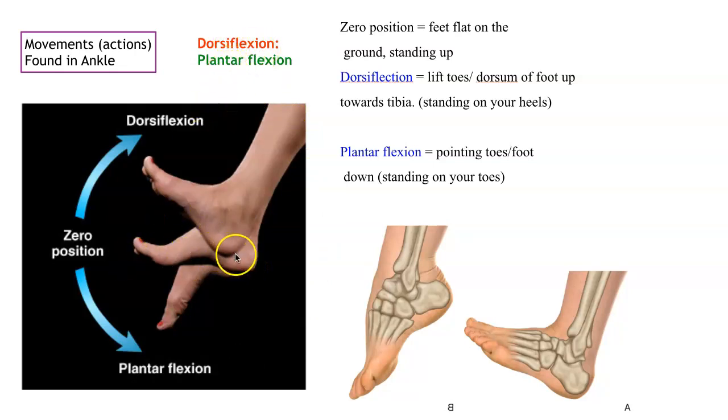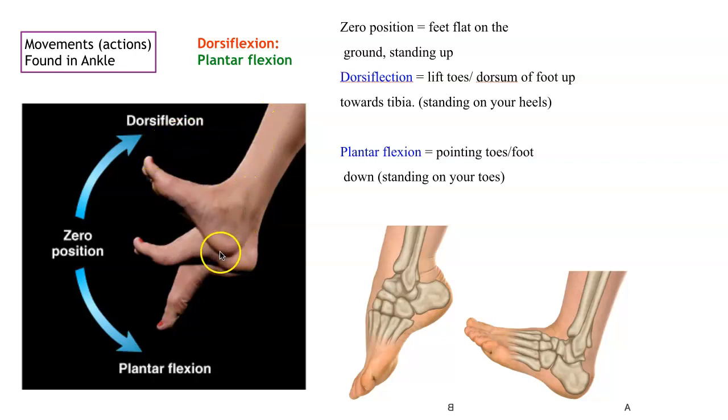So if we start in this 0 position, which is basically your foot is flat on the floor, and you dorsiflex, you are lifting the toes and the dorsum. Remember, this is the dorsum of your foot. You're moving it up towards the tibia. You're pulling it up.